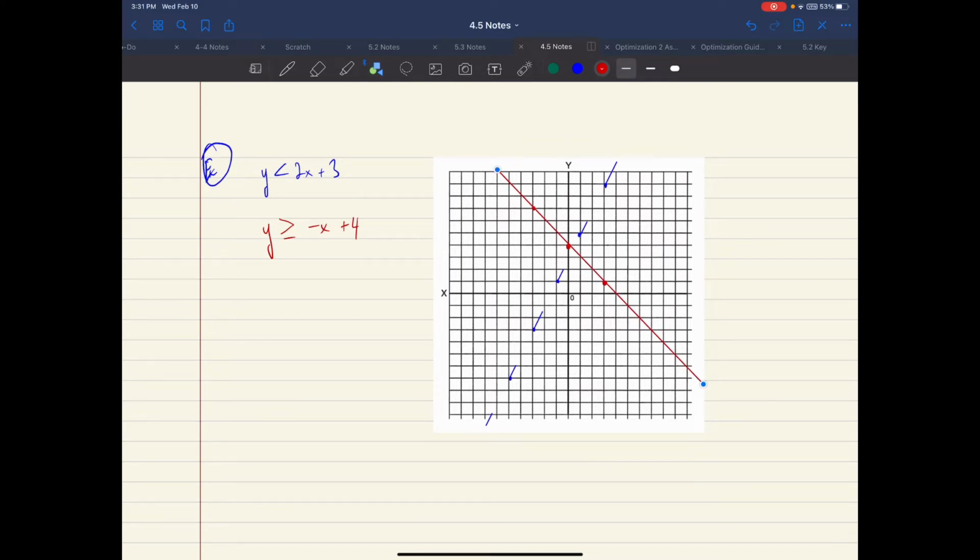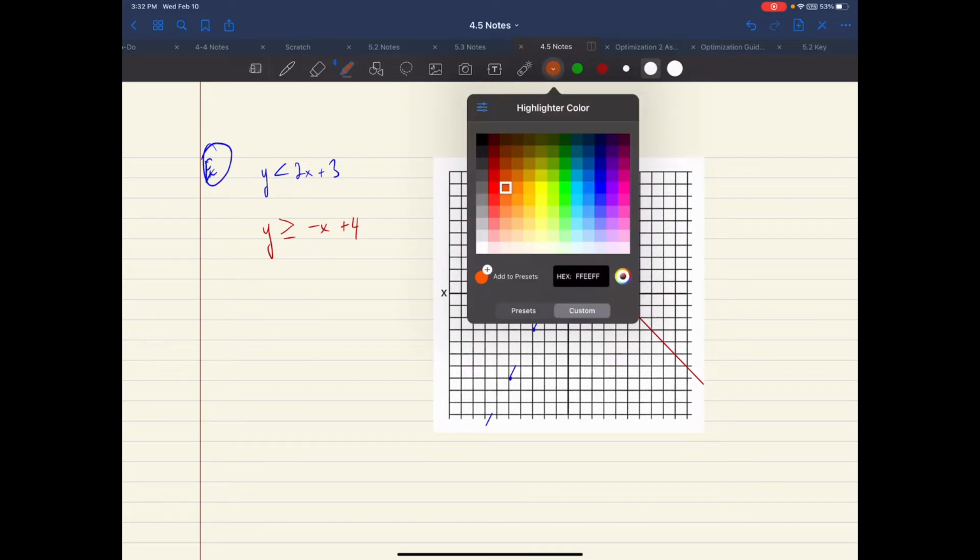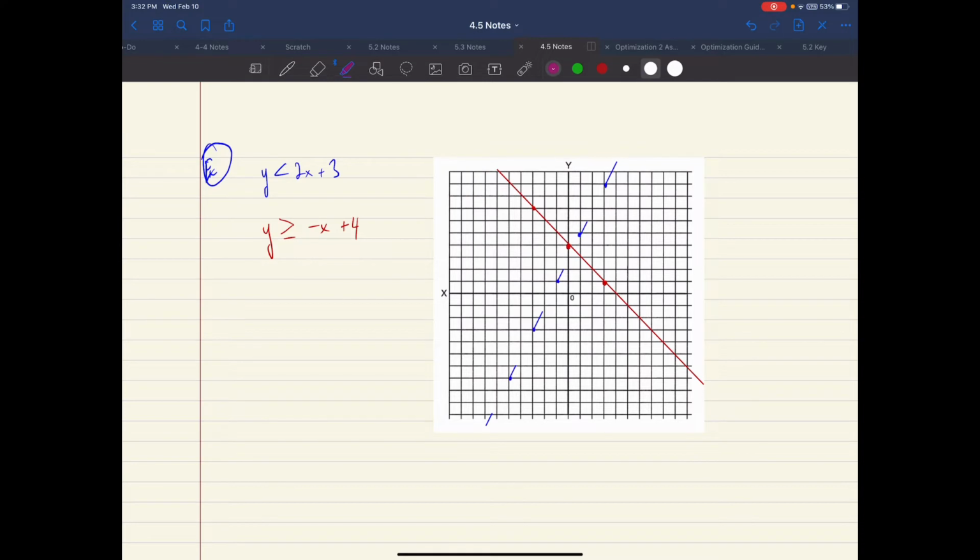And that's pretty good. For the blue line, it says y is less than 2x plus 3, so we will shade the region below. Below 2x plus 3 is all of this area. And then for y is greater than or equal to negative x plus 4, I'm going to shade the region above the red line.